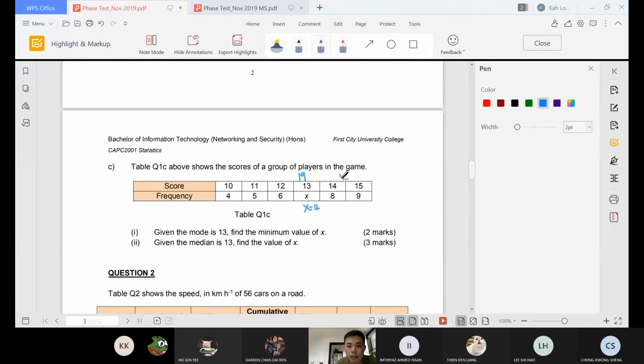Here is 17, 17, right? 36 already. So the middle must be 13 and 13, right?